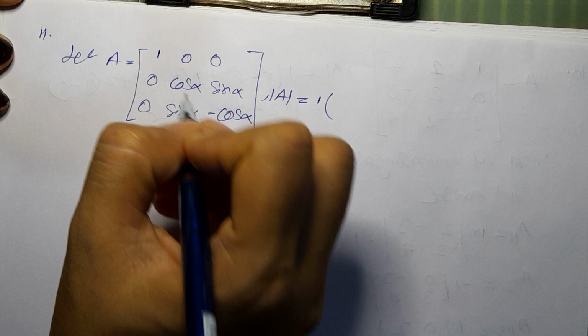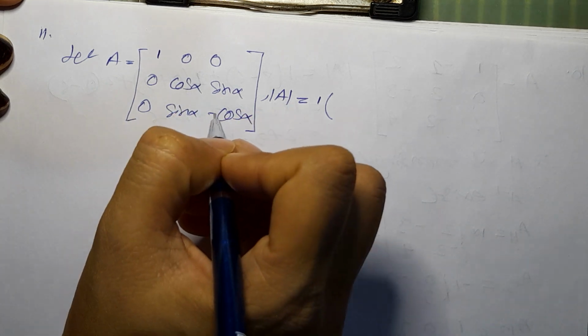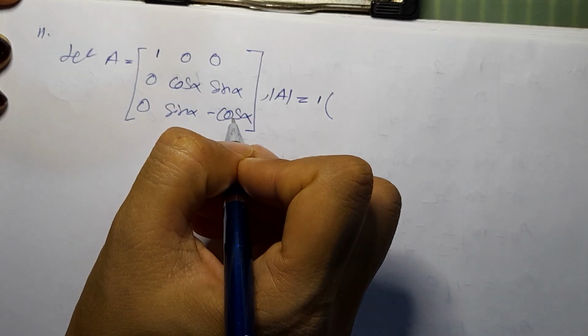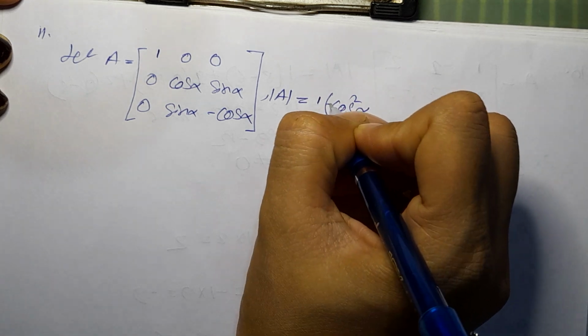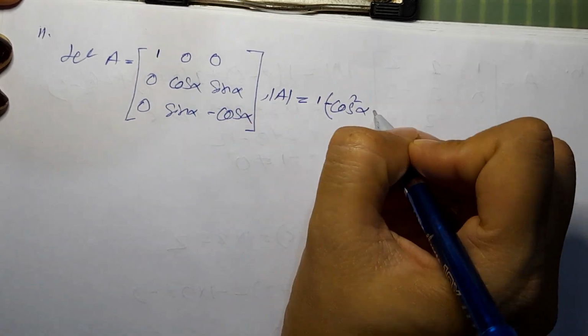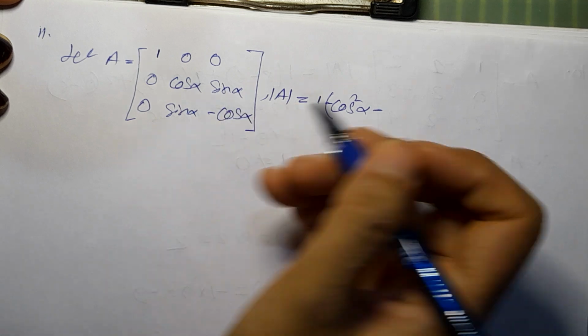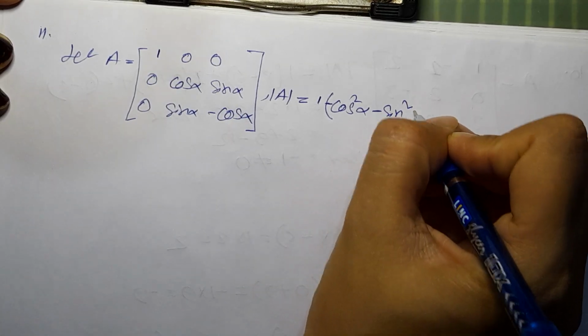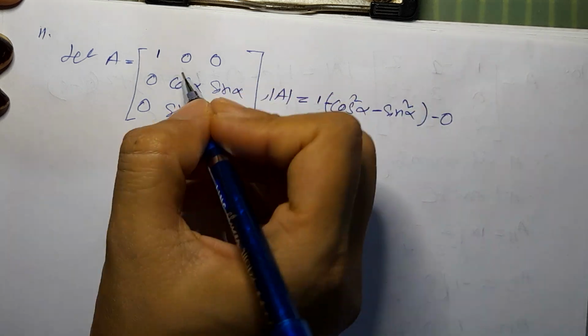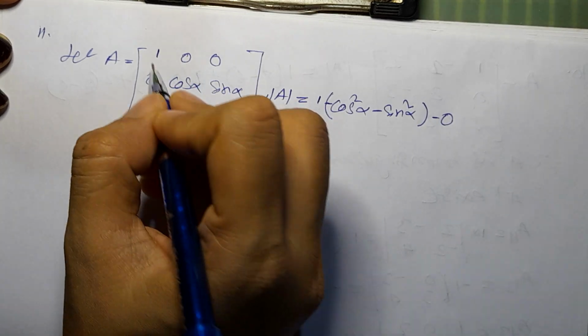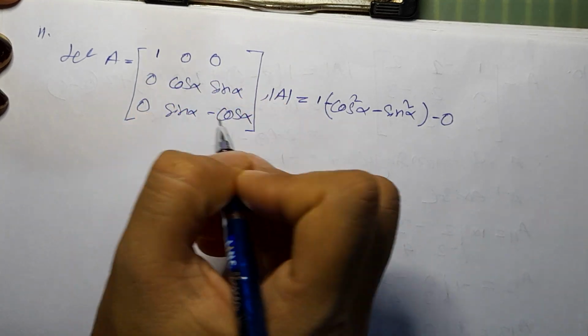Now multiply the diagonal. So it will be minus cos alpha into minus cos alpha, so it will be cos square alpha, minus, by the formula, sin into sin, sin square alpha, bracket close. Then minus, by the formula, 0; since it is a 0, eliminate this row and this column, and multiply the diagonal.